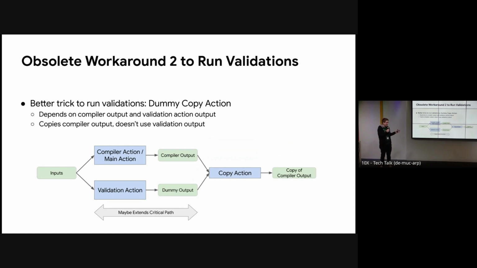And all this action does is copy the real output to some other file, just to trick Bazel into running your validation action, something like Android Lint or static analysis. And you can see here how Bazel thinks that it needs to run the validation action before the copy action, but you're just tricking Bazel into running it.